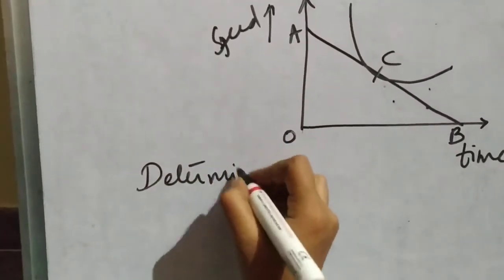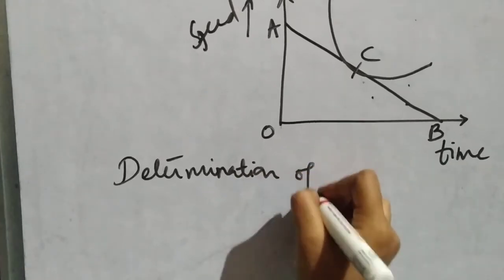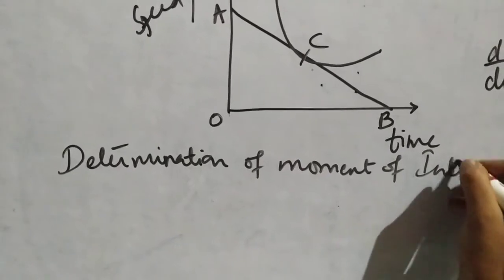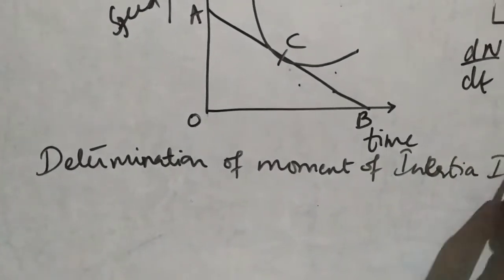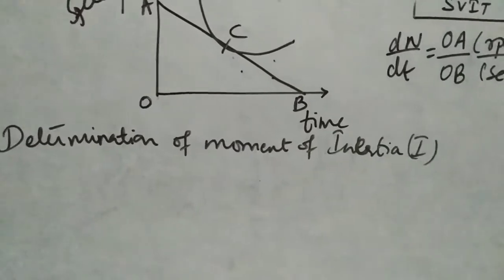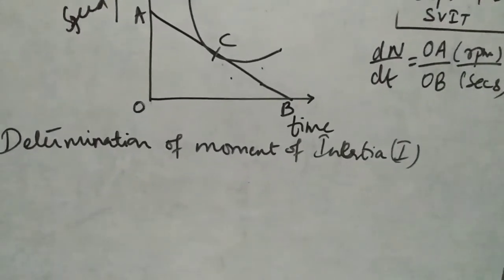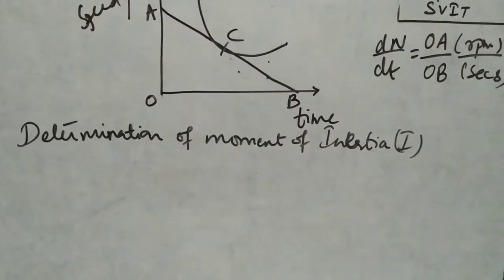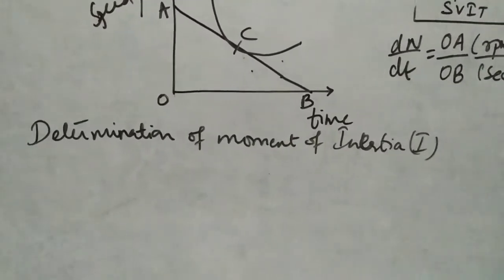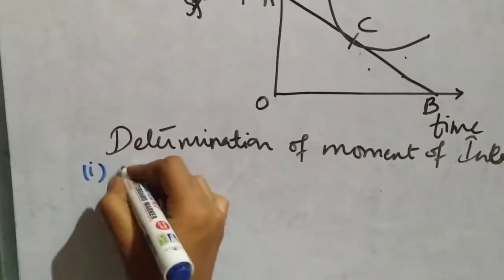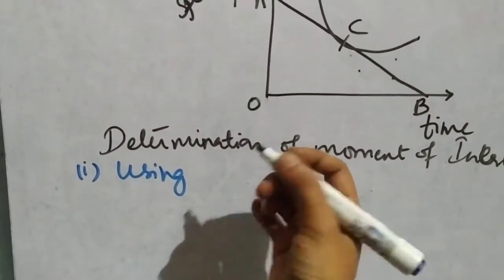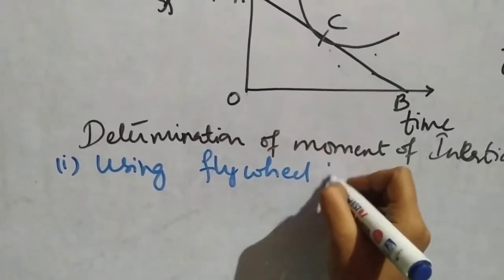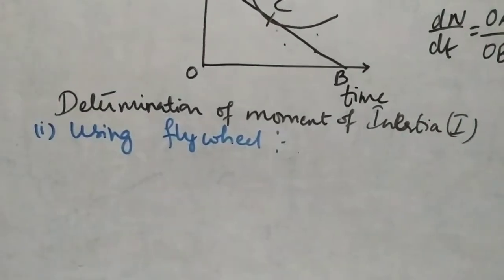Now let us determine the moment of inertia I. Here we have two methods: one is using a flywheel, and the other is without a flywheel. The first method is based on using a flywheel.